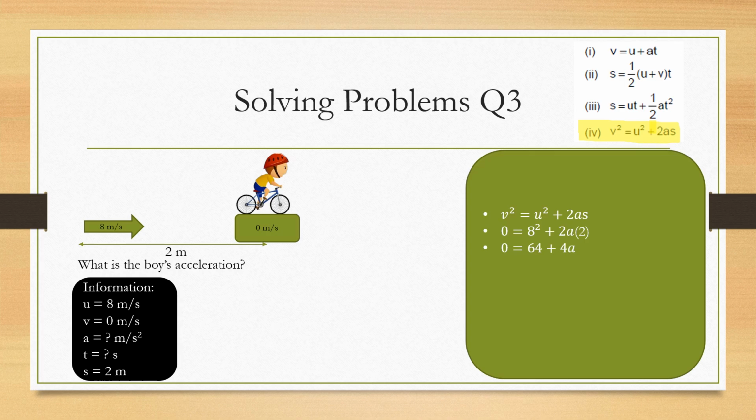Then we can arrange it to find the acceleration, and we get the acceleration of this boy riding his bicycle is negative 16 meter per second square. This negative means that this boy is actually having a deceleration of 16 meter per second square. So that is how we solve problems using the linear motion equations.